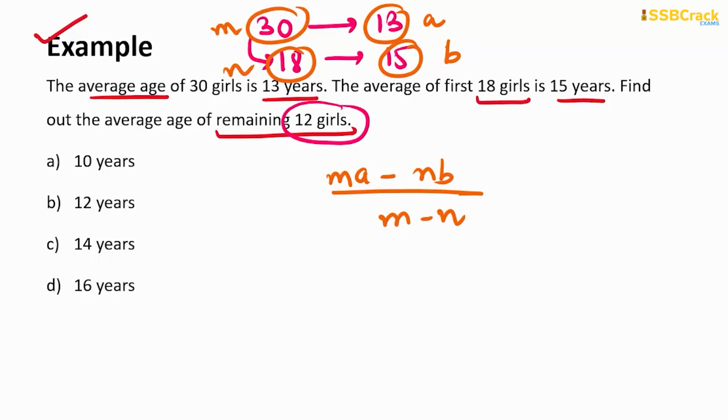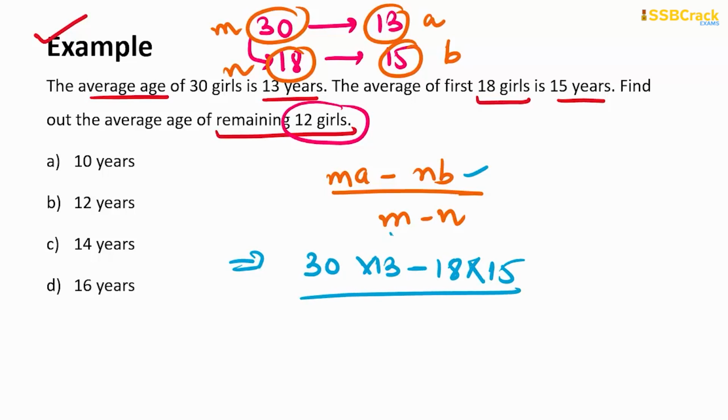Okay, now let's put all the values here. So it will be 30 into 13 minus 18 into 15, divided by M minus N, that is 12, right? So now we can simplify this to find our answer. Here we know that 3 4s are 12 and 3 5s are 15. Similarly, 3 10s are 30, right?